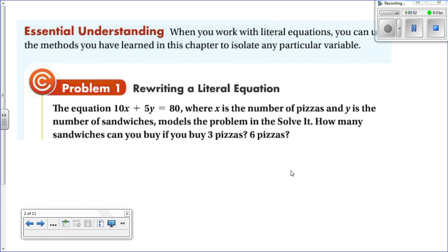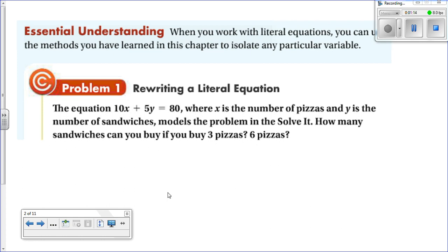So 10 times x plus 5 times y equals $80 total that they spent. Now, the first thing they say is how many sandwiches can you buy if you buy 3 pizzas or 6 pizzas? But what we want to do is rewrite this before we try to go ahead and solve that.